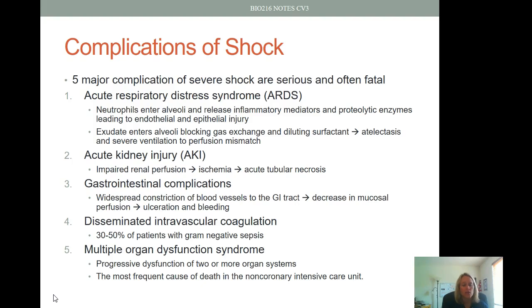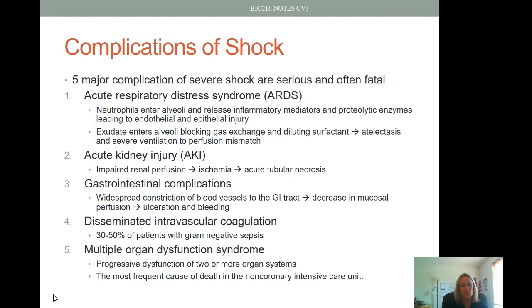We can get acute kidney injury due to impaired renal perfusion. That leads to ischemia, and that causes sloughing off cells within the kidney tubules, leading to acute tubular necrosis, kidney failure. Gastrointestinal complications, so widespread constriction of blood vessels to the GI tract can result in decreased perfusion of the mucosa, and that can eventually lead to ulceration and bleeding.